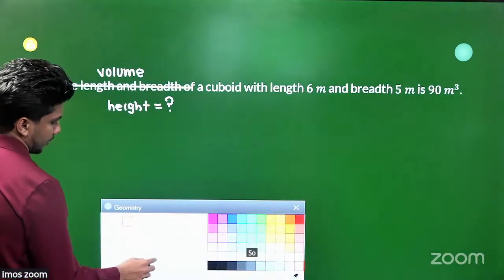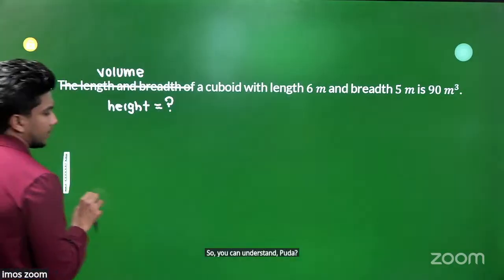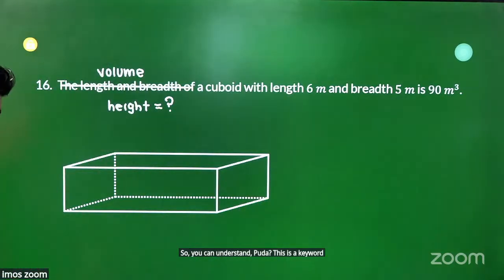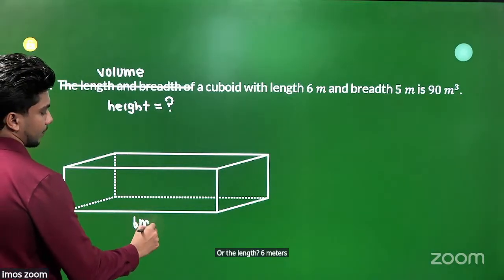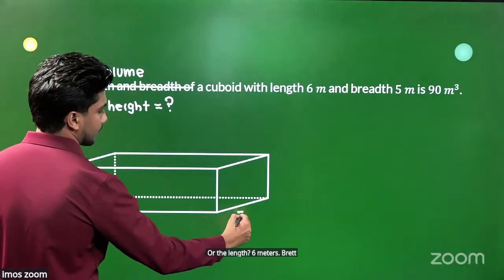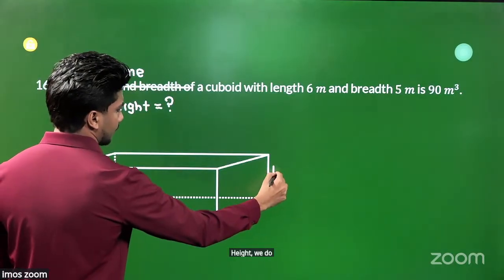So you can understand, this is a cuboid. Length 6 meters, breadth 5 meters, height we do not know, so I put h.